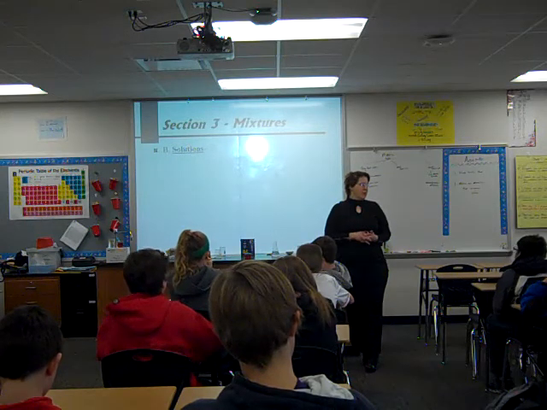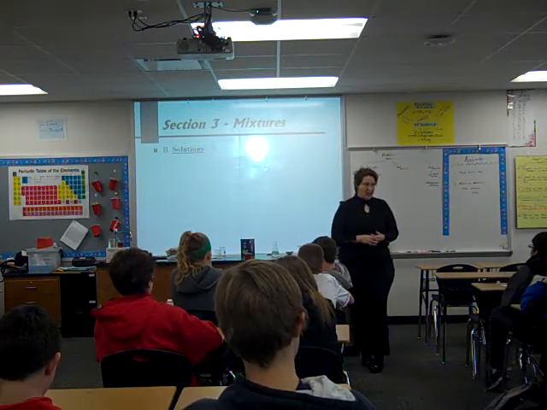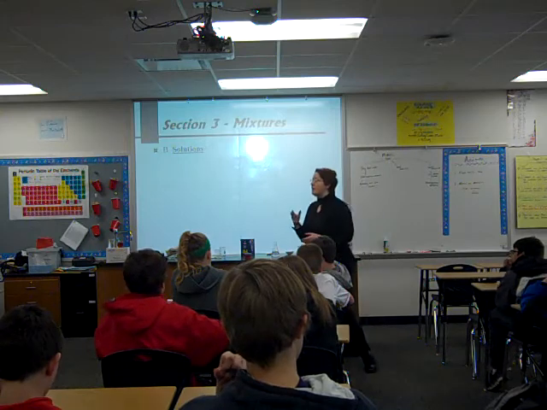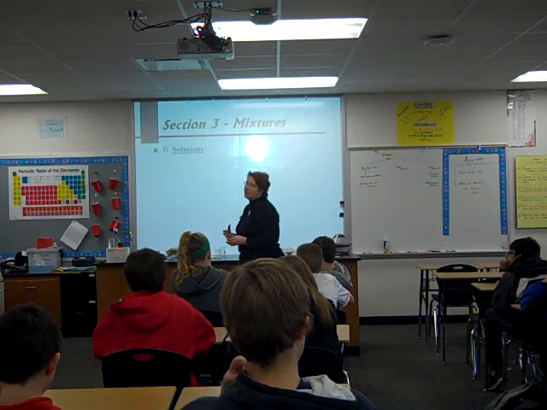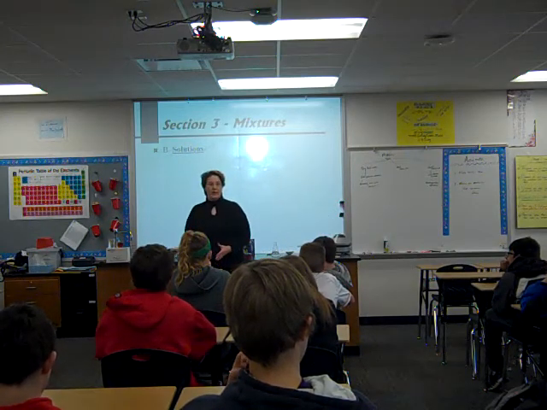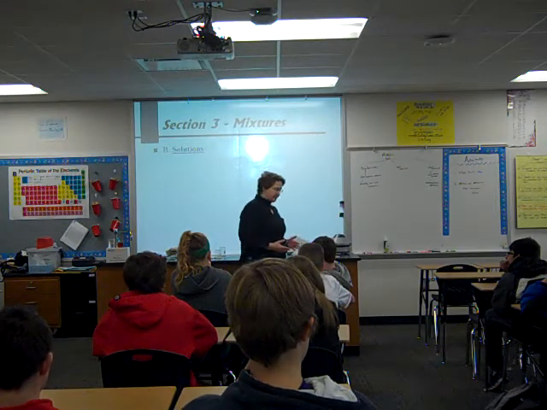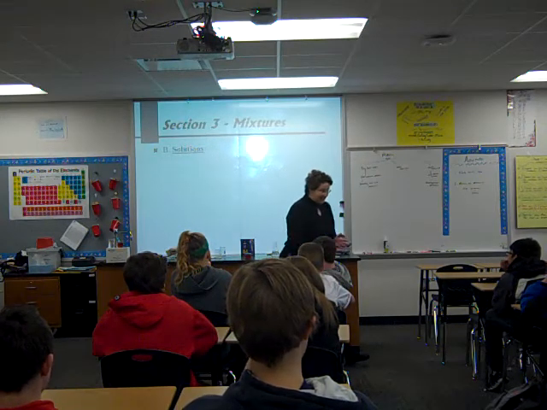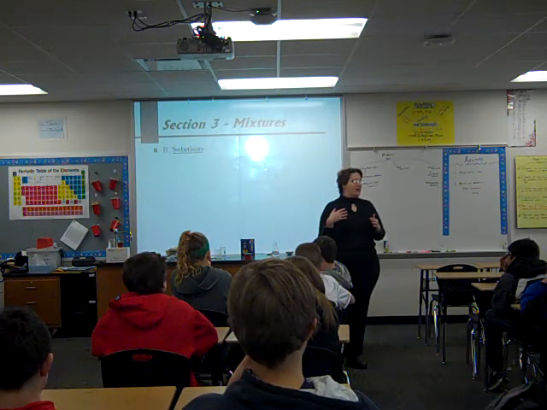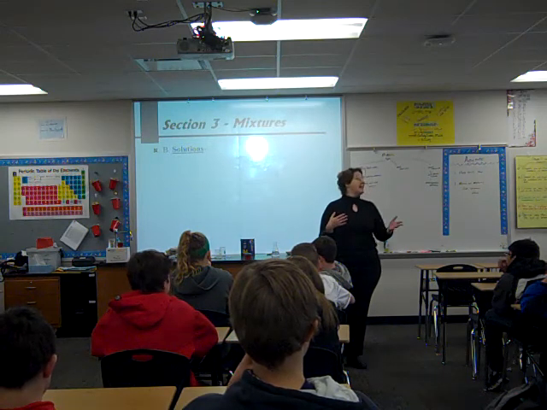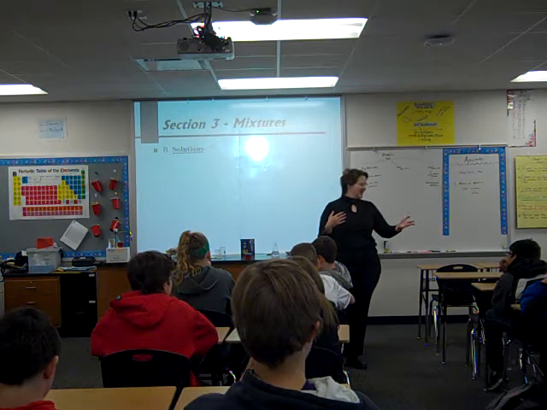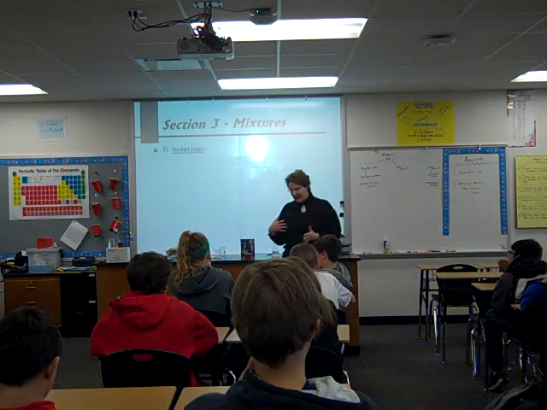But most of the time when I'm talking about a heterogeneous mixture, I'm going to give you examples where the pieces are big enough that you could conceivably see them. Pizza. Granite. A salad. That's one of the things I usually come up with, salad.